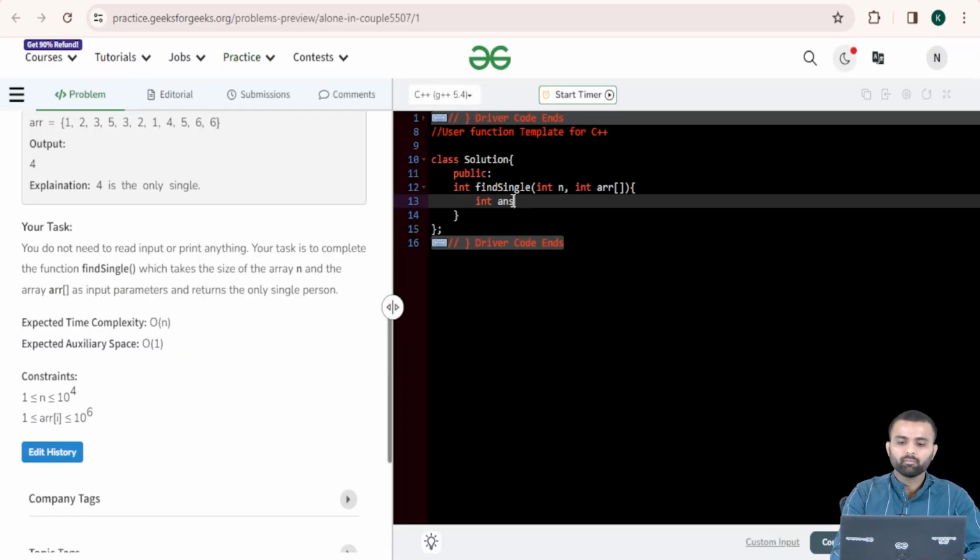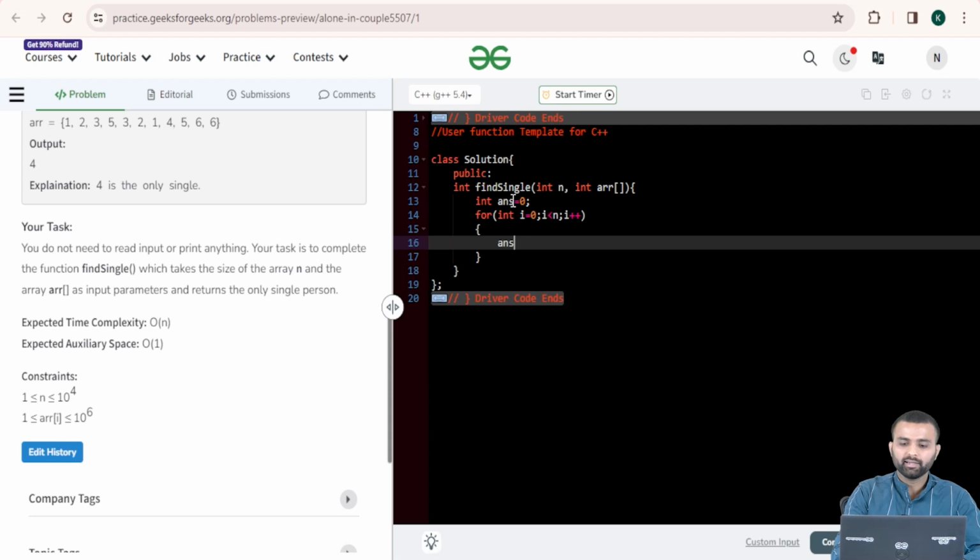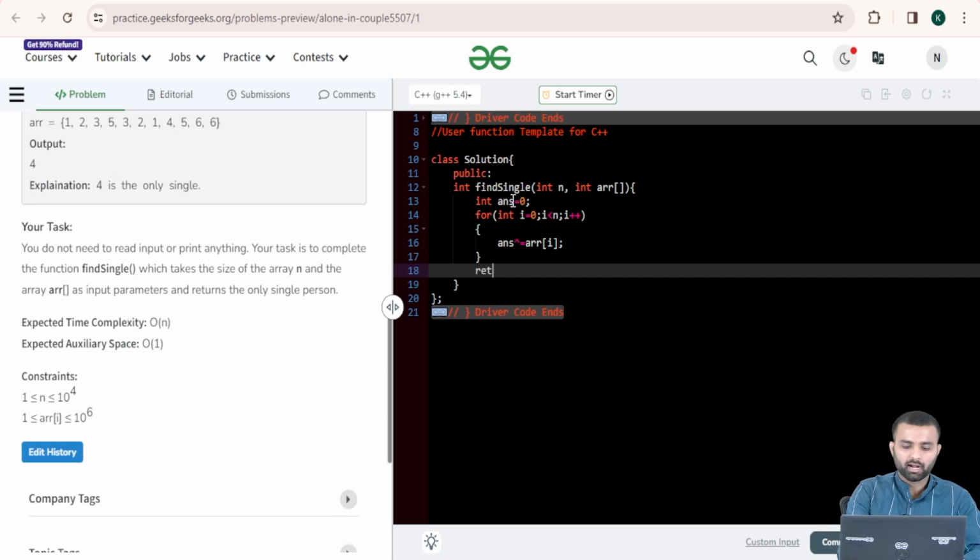Here I am initializing my answer, which is the single person, to 0 initially, and I'm just traversing the array. Inside this, I do the XOR of all the elements, and at the end we just return the answer. What's the answer? The answer gives me the single person, right? So let's compile and check.